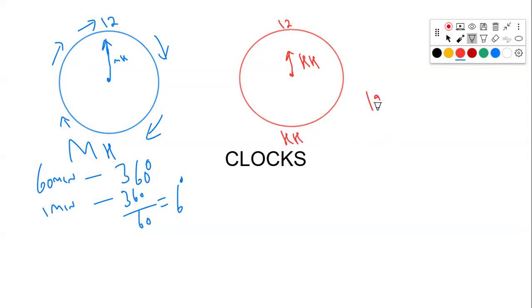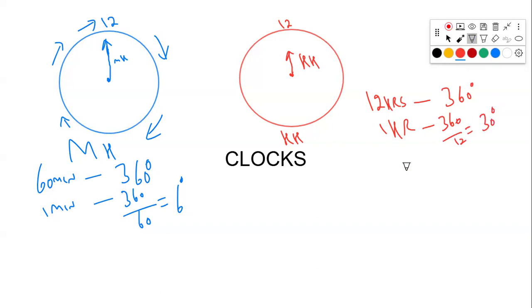It takes 12 hours to make one full rotation of 360 degrees. It starts from 12 and to reach 12 again, say 12 afternoon to 12 midnight, it takes 12 hours. To make one full rotation of 360 degrees, every 1 hour, 360 by 12, it moves by 30 degrees.